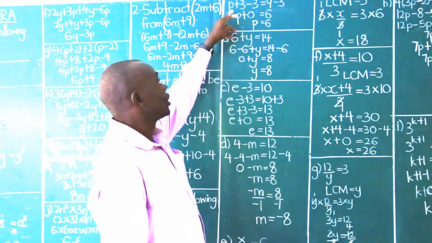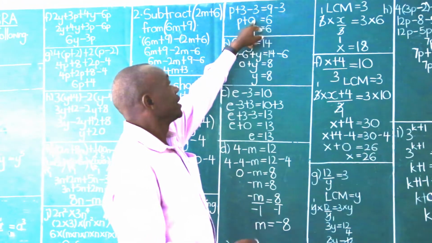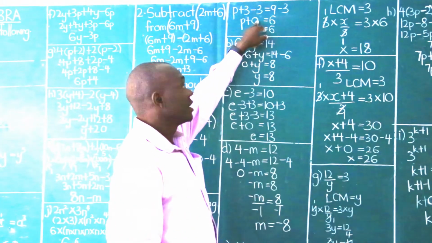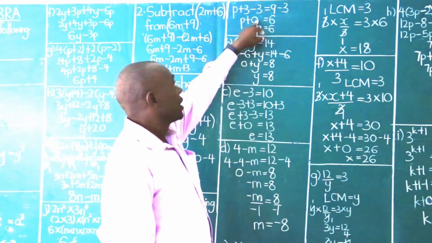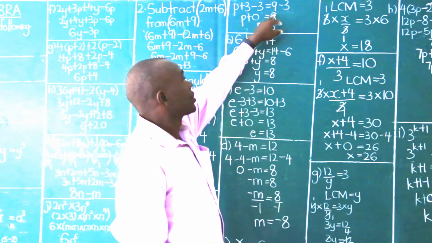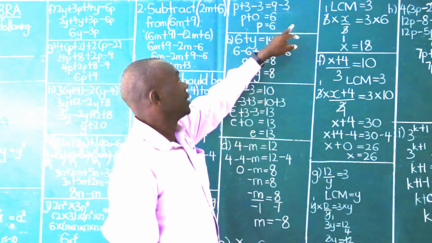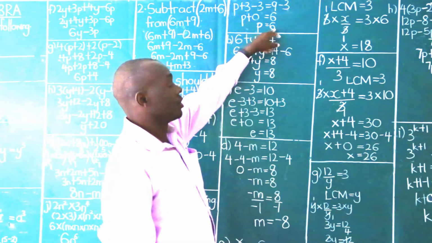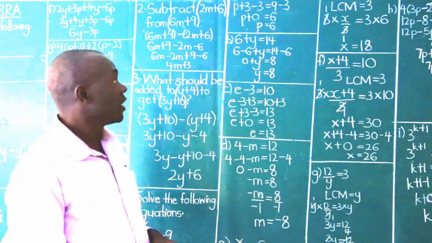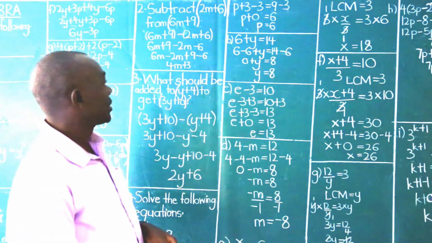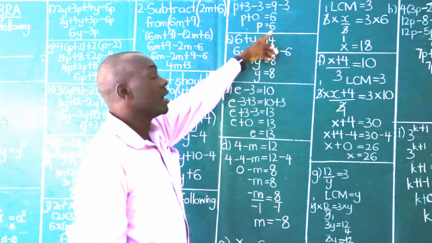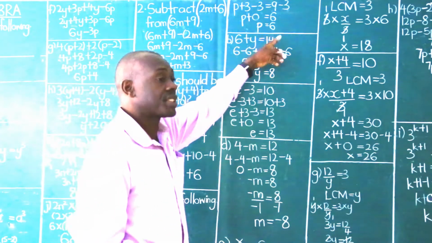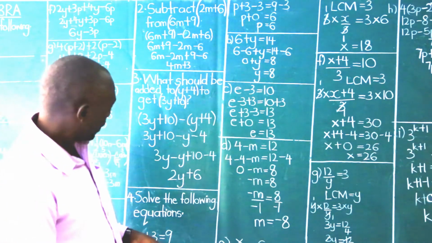That's why we have p plus nothing, meaning the plus 3 has gone. On the other side, after the equals, 9 minus 3 is 6, and therefore p is equal to 6. In so doing, the value of p will be 6, meaning in the place of p, one can write 6, and then the equation is correct.